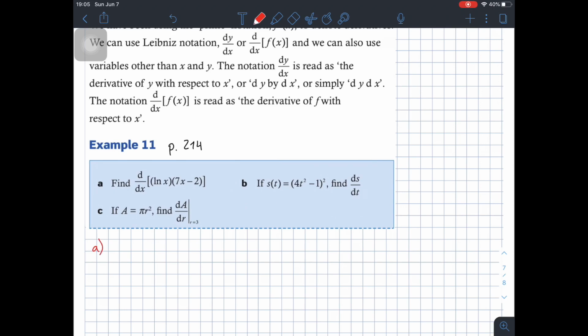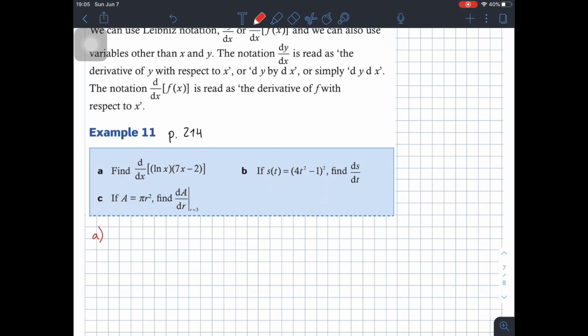For part A, it says find the derivative of this function with respect to x. So basically what we want to do is find the derivative of the function, okay? So if you want to make it easier, you could write it as f of x is equal to natural logarithm of x times 7x minus 2.